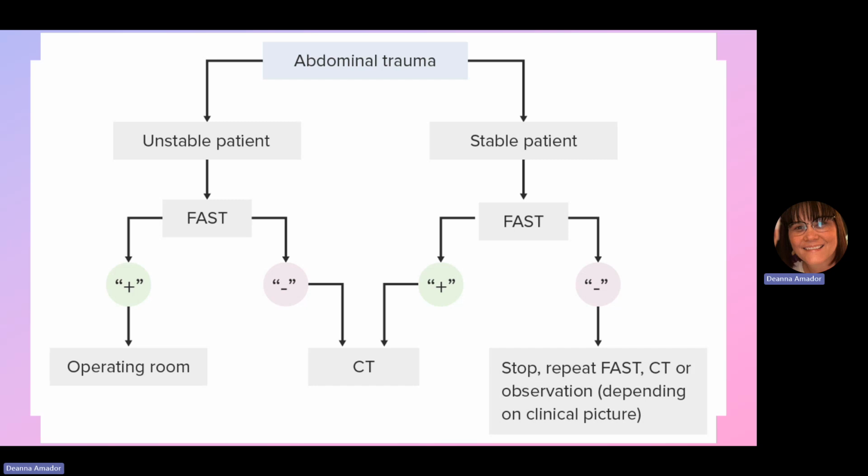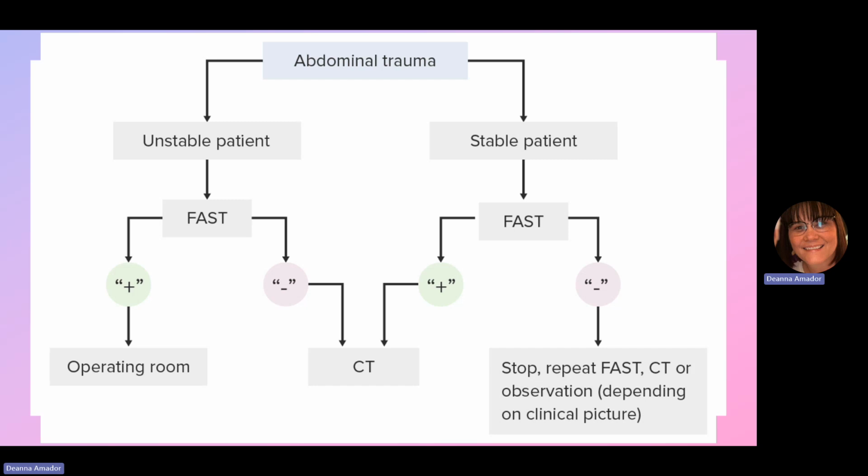They don't mess around. If it's negative, then they can go to CT scan. If they have a stable patient and they're FAST positive, then they can go and have a CT scan and see what's going on. And if it's negative, it says stop, repeat FAST, CT, or anything else that they need to look at. But they're just showing the process of this.